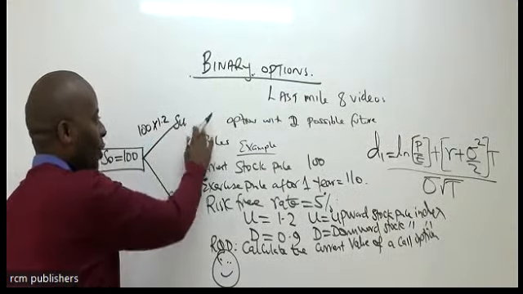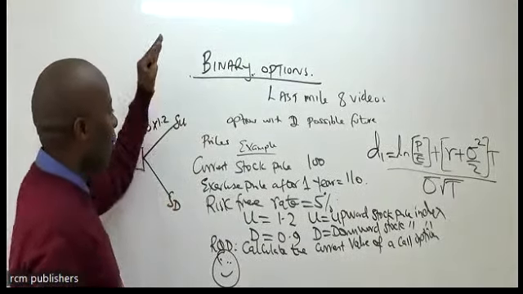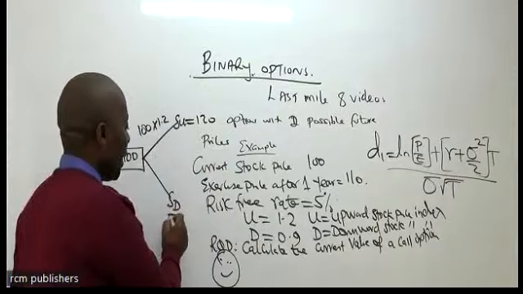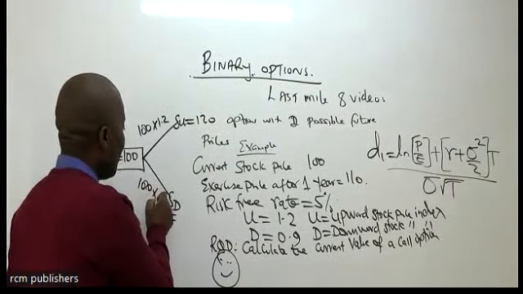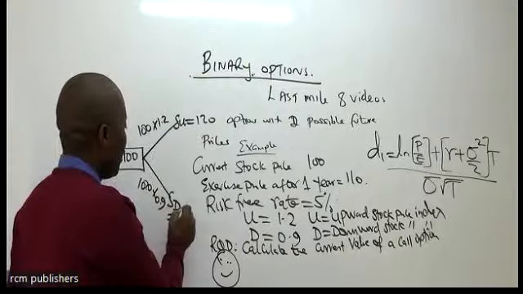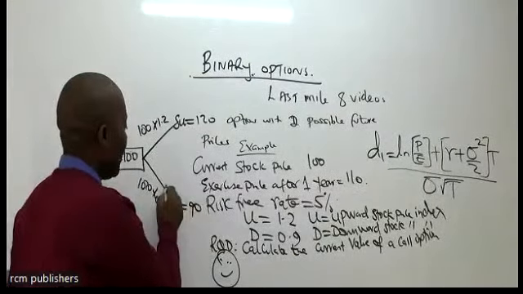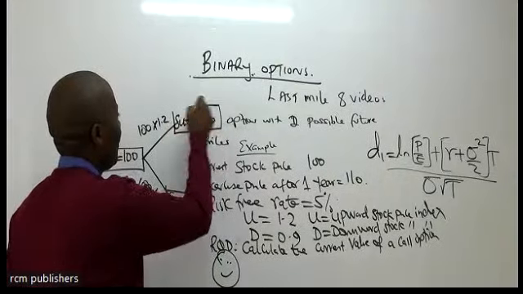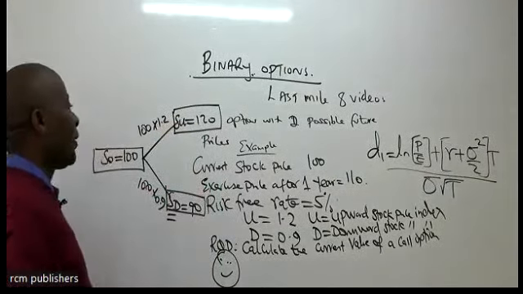So the stock price, if things are looking north, will be 120. Then we have S down, which will be 100 times 0.9, giving me 90. We put these in boxes, like that.